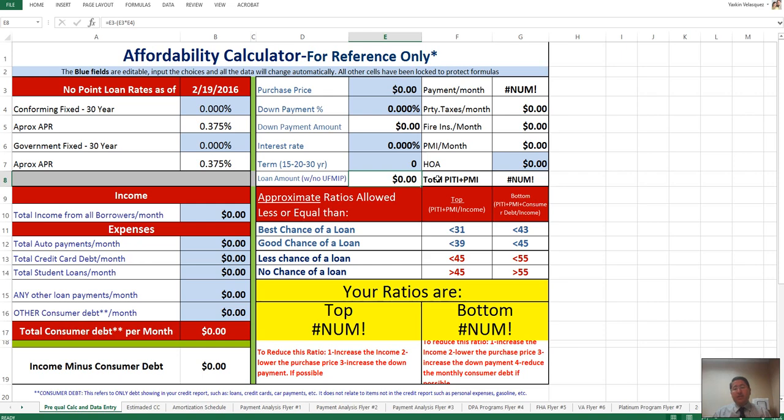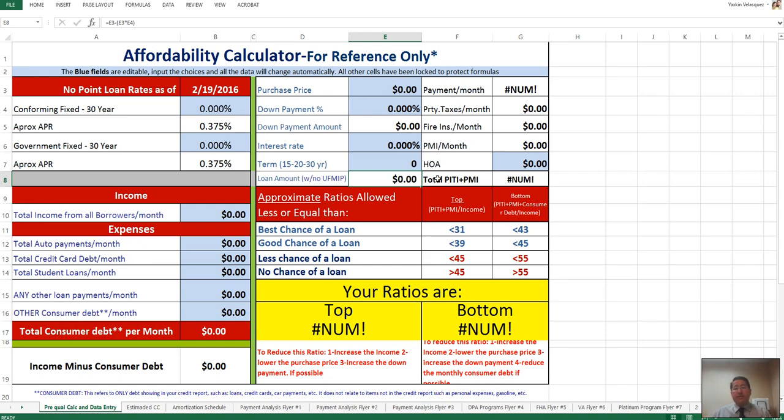The government ratios basically say the following: if you are going to purchase a property, your mortgage payment should not exceed 45% of your gross income. The reason is that you would have 55% left over to pay for other things such as gasoline, utilities, food and groceries, medical expenses, and things like that.